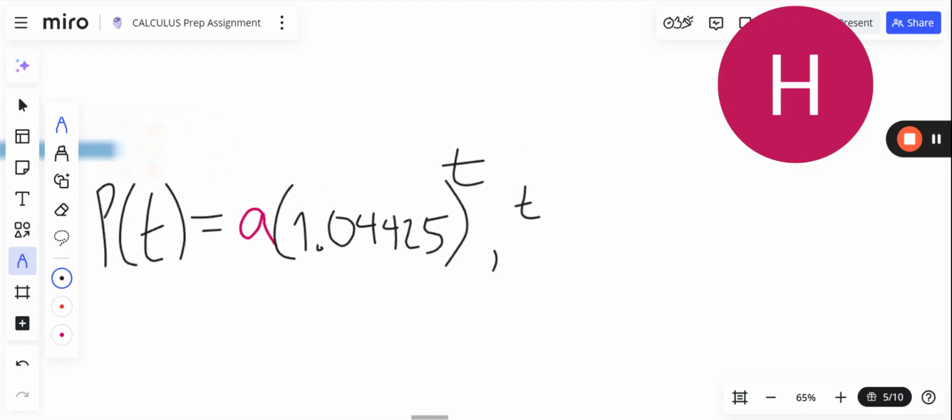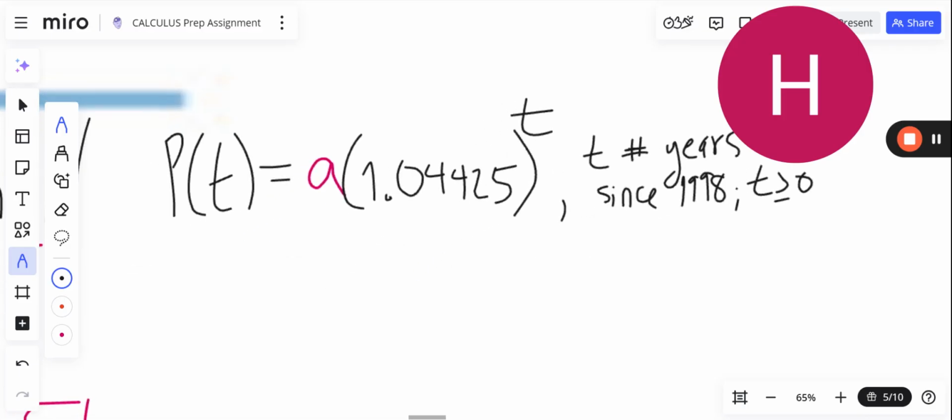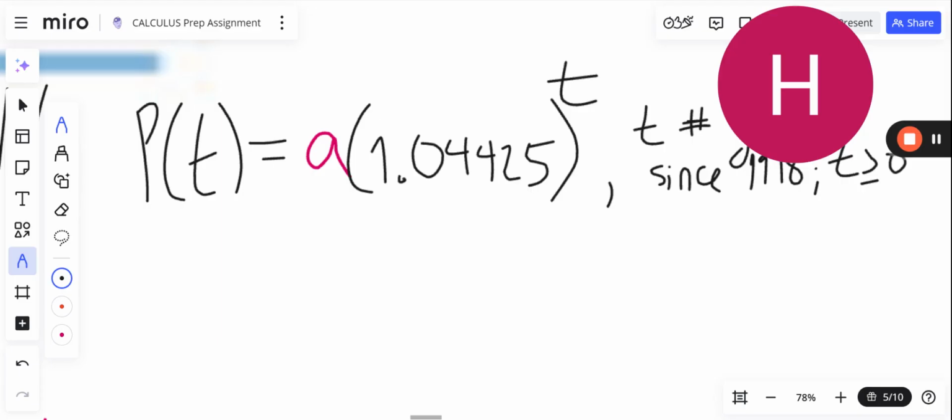In this case, t is the number of years since 1998. And also t has to be greater than or equal to 0. If it's 1998, then t is equal to 0.